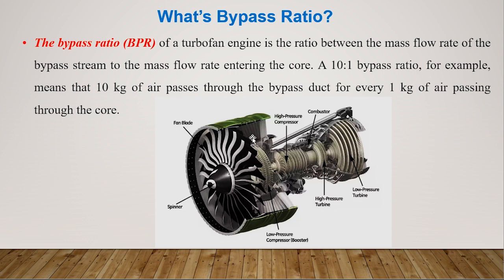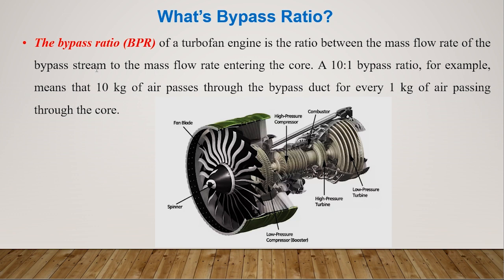It is nothing but a ratio between the air mass flow rate of the bypass stream, which comes in the numerator, and the denominator, the mass flow rate entering the core. So at the numerator, it is the mass flow rate of the bypass stream. It's all about the mass flow rate.